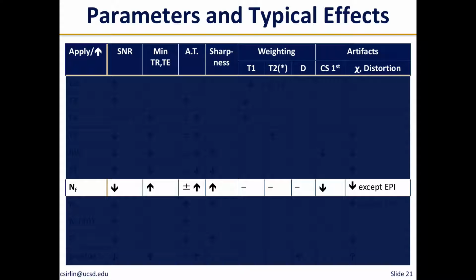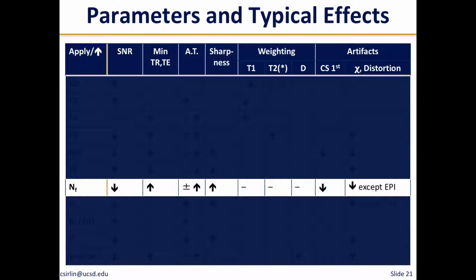Number of frequency encodes. If you increase the number of frequency encodes, your SNR goes down. It turns out that because it's more taxing on the machine to increase the number of frequency encodes, your TE might have to go up. If your TE goes up, then your TR might go up. And if your TR goes up, then your acquisition time might actually increase a little bit. Your spatial resolution is better, so your image sharpness is better.